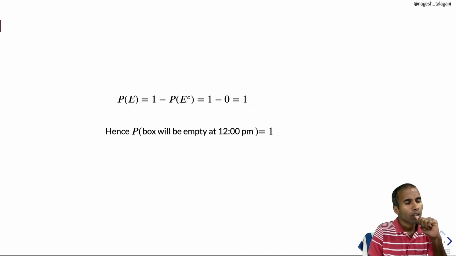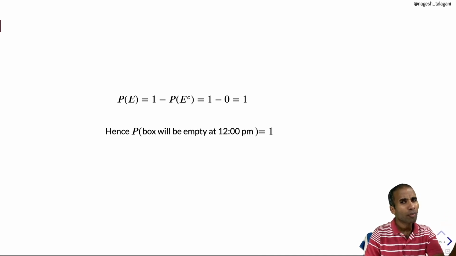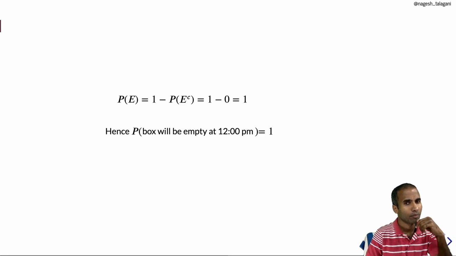Okay. You must be wondering that we have already seen one possibility of the box being non-empty when we remove balls like 10, 20, 30, 40, and so on. What do you mean by with probability 1 the box will be empty at 12 p.m.? Okay.